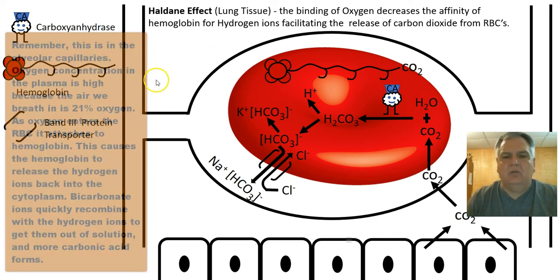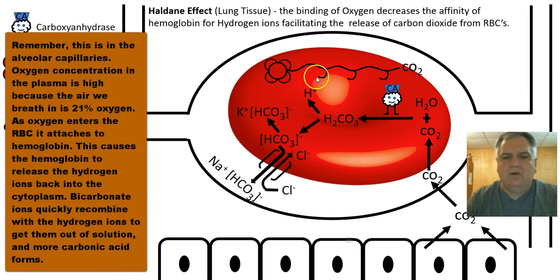So in other words, what happens here? These hydrogen ions are coming off the side chains. Why are they coming off the side chains? They're actually kind of getting pushed off the side chains, because now we're back up here in the lungs, and what's happening? Oxygen is being transported into this red blood cell, and oxygen is binding to the hemoglobin molecule. As the oxygen binds to the hemoglobin molecule, it's going to have an effect of pushing these hydrogen ions off the hemoglobin molecule.